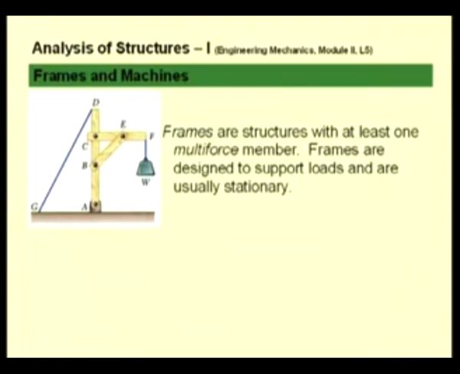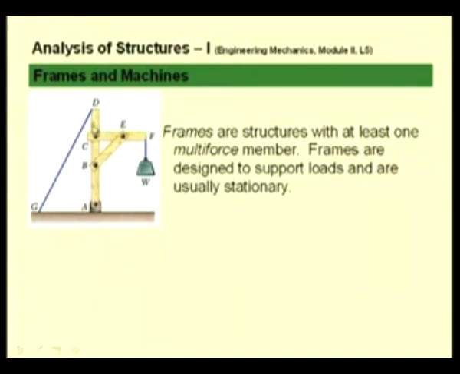A frame is a structure similar to that of a truss which is used to support static loads. The difference between a frame and a truss is that the frame has, apart from two force members, what we call multi-force members.